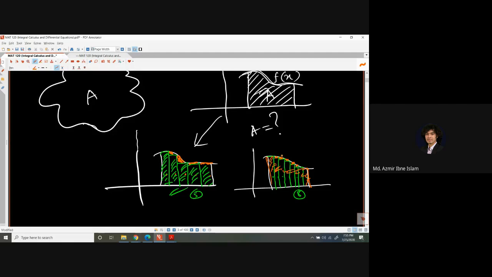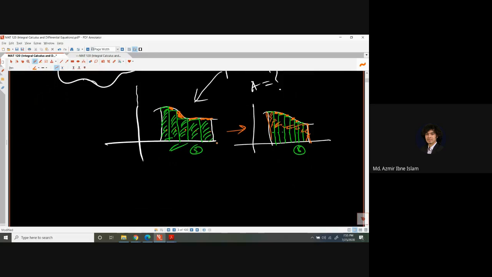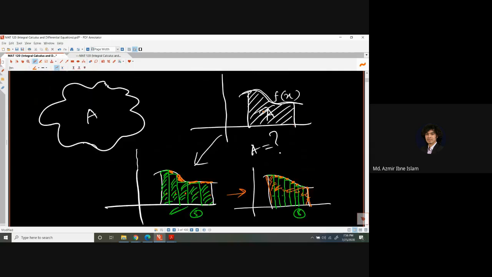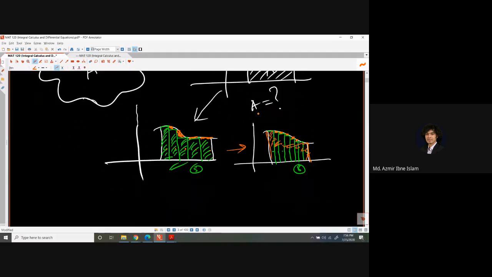So if we extend the idea similarly, if we take more and more rectangles, we will get closer and closer to the accurate area. That means we will get the exact area of this type of shape if we take so many rectangles at the same time.